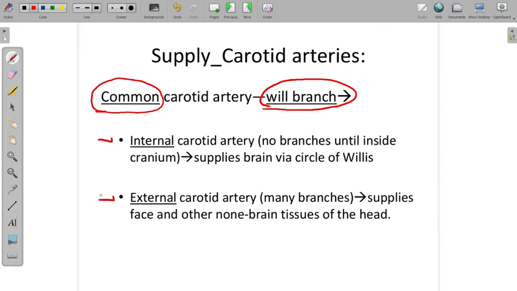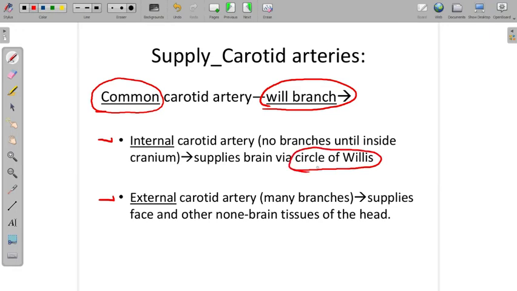So we do not have an internal common carotid. So you have to get your names straight. And we'll draw this and go over it. The internal carotid artery has no branches until it gets inside the head. So when it splits off from the common carotid, the internal goes straight into the head before it branches and does anything, and it supplies the cerebral arterial circle, or this circle of Willis.